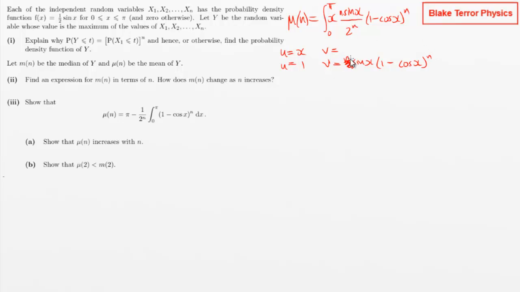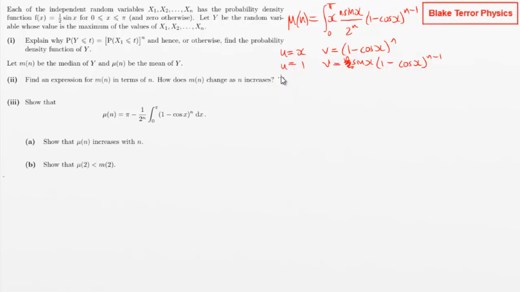I was thinking I'll just take that out as another constant, so let's leave that n back in again. That wasn't n, that was n minus 1, yes, because we differentiated it. So v will end up being 1 minus cos x all to the n.